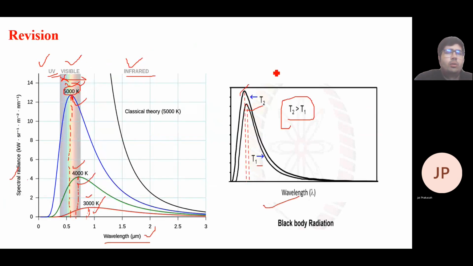You can see here the wavelength for 5000 Kelvin and for 4000 Kelvin. As the temperature increases, the wavelength shifts towards the left side, so the wavelength is decreasing.